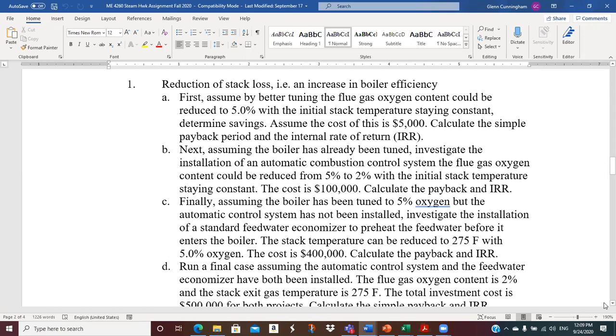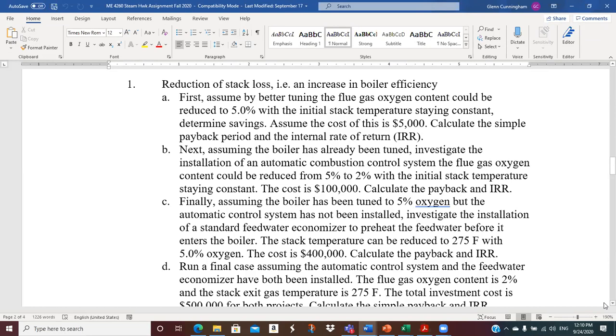Then for C, assume that we're not sure if we're going to buy the control system, so we're going to base C on 5% on the base case. But investigate the installation of a standard feed water economizer to preheat feed water before it enters the boiler. So you keep the oxygen at 5% for both cases.